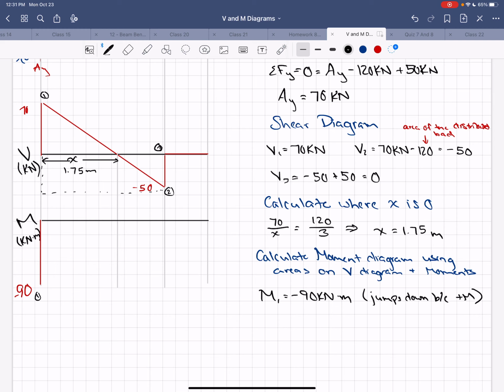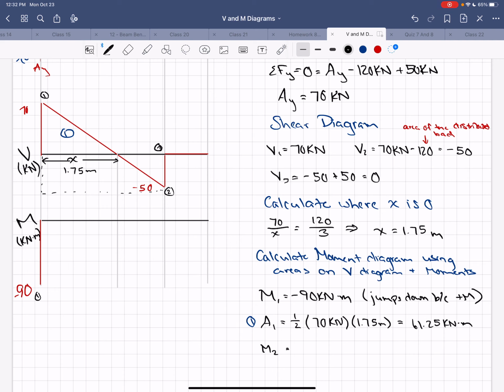So we'll calculate this first area, 1. So the area of 1, it's a triangle, so it's 1/2 times the height of 70 kilonewtons times the base of 1.75 meters. So it equals 61.25 kilonewton meters.